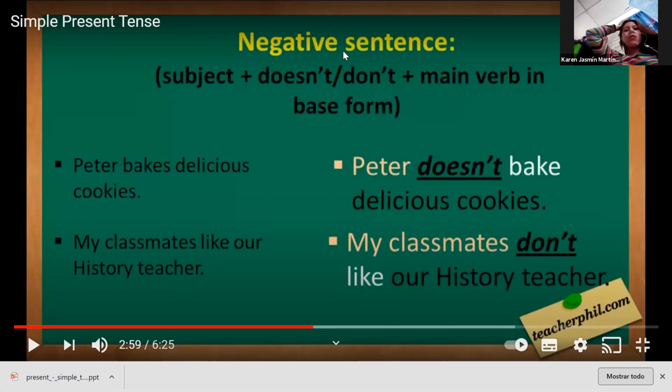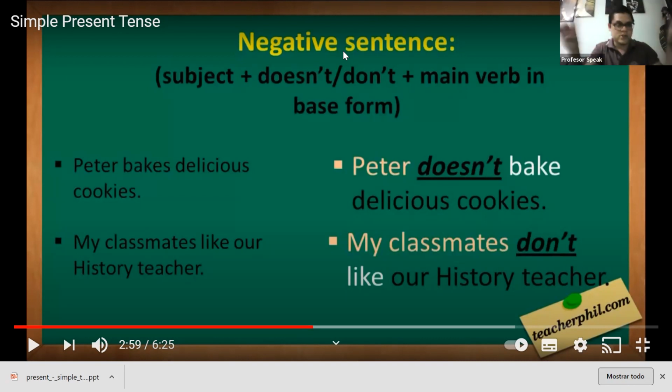Doesn't and don't, plus? Okay, all right. The structure is subject plus doesn't or don't plus main verb in base form.